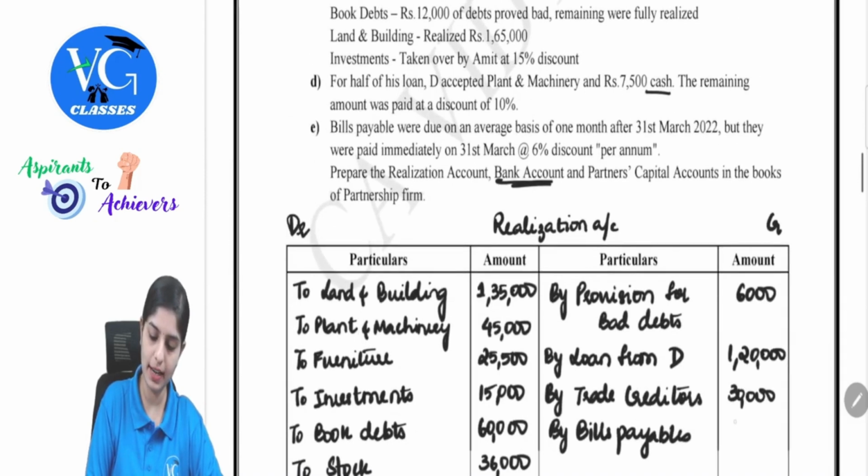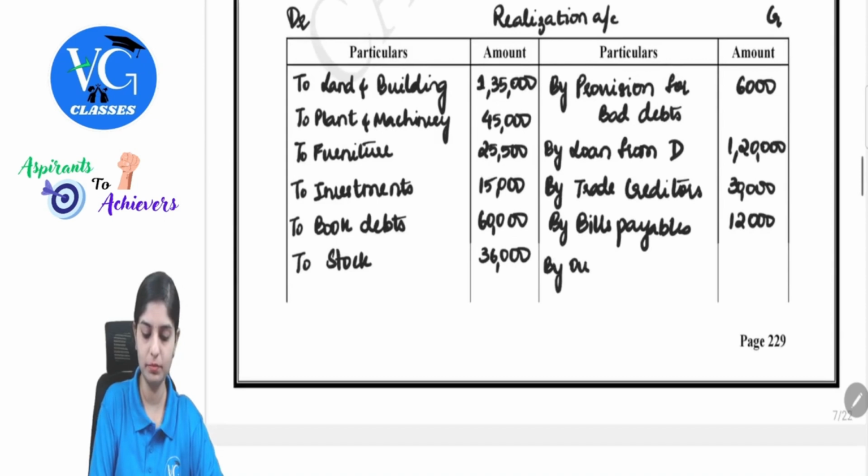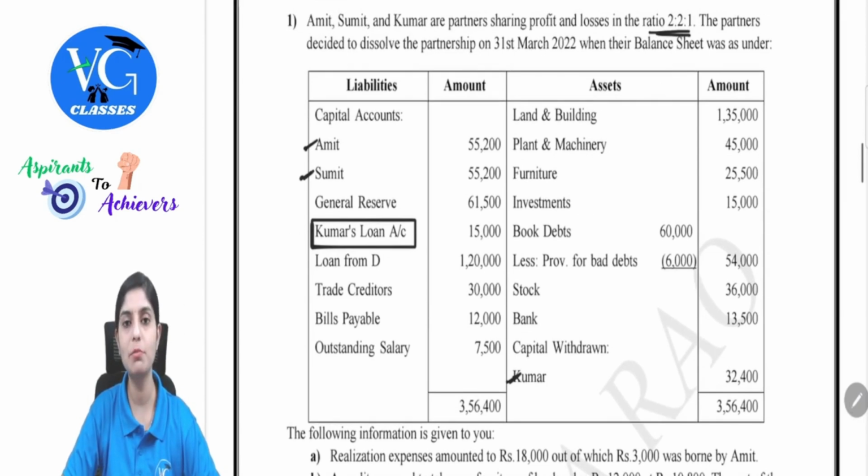Outstanding salary 7,500. By outstanding salary 7,500. So this completes all items in the balance sheet.